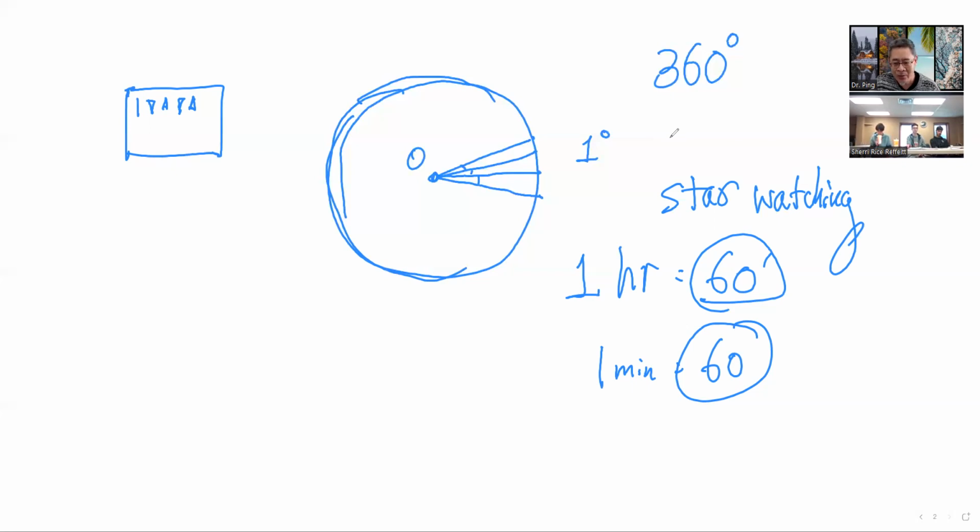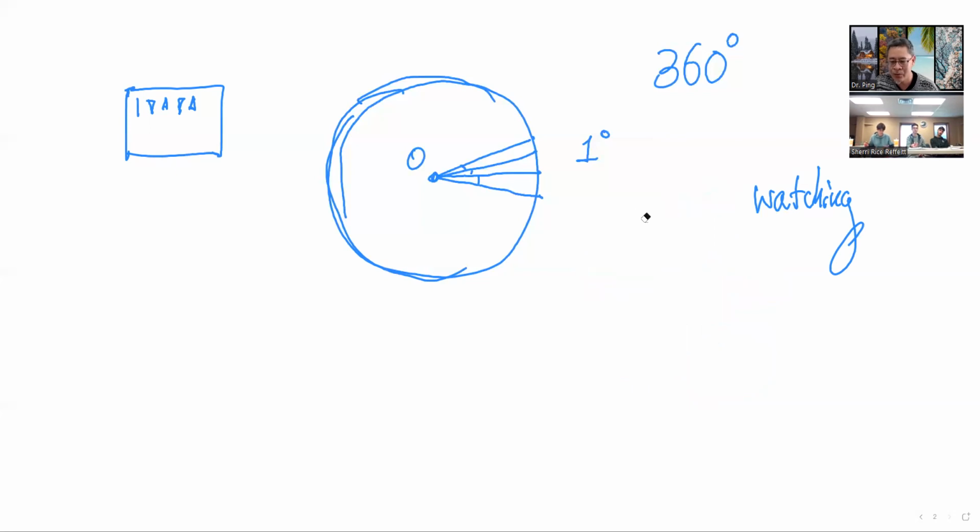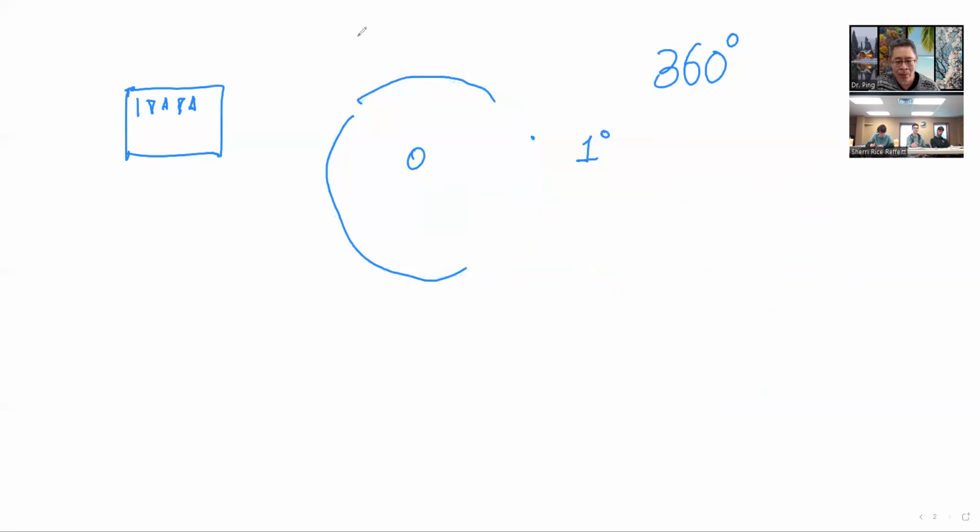They established very sophisticated math, which allowed them to do very accurate calculation, but they used a 60 system. When they watched the night sky back then, what was the center of the universe to them?